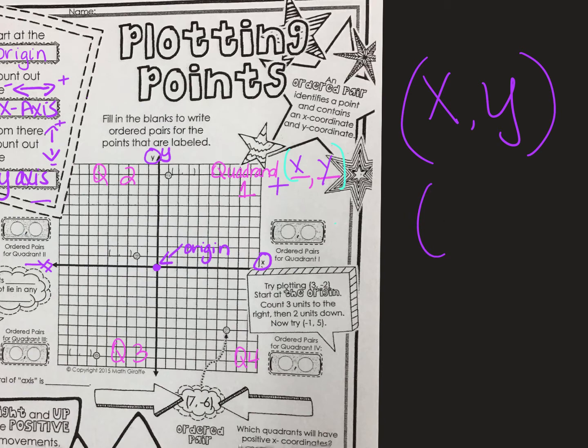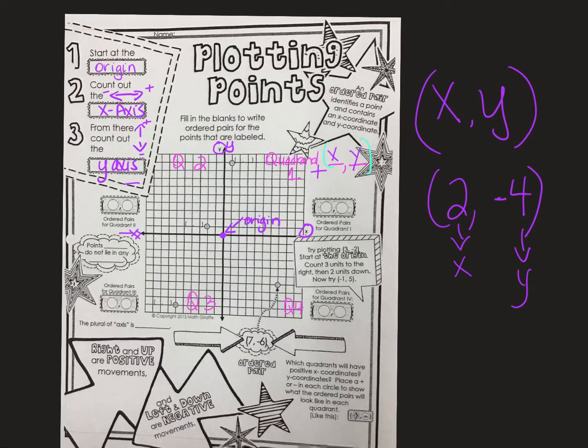So you may have a number that says 2 and negative 4. Well, you're going to know that this is your X and this is your Y. You filling in your paper with me? All right. Now, that kind of goes along with this right here.